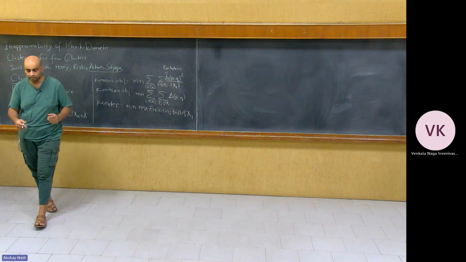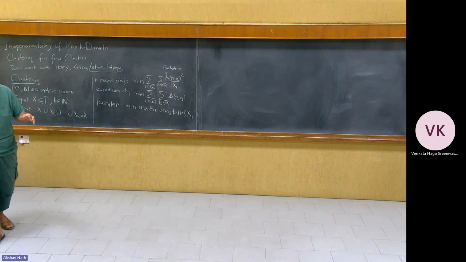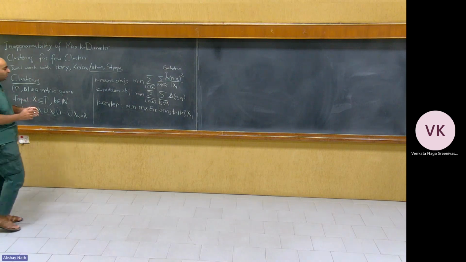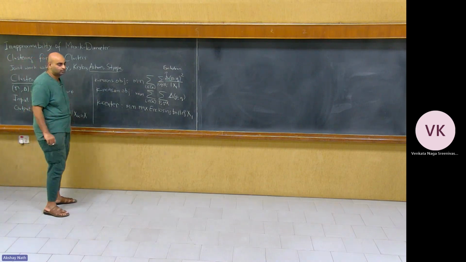So you look at your k parts. For each one, you find an enclosing ball, and you think of the radius of that enclosing ball. You take the maximum across the k parts. You want to minimize this. This is called the k-center. Like, what is the ball radius I need to capture all the k parts?